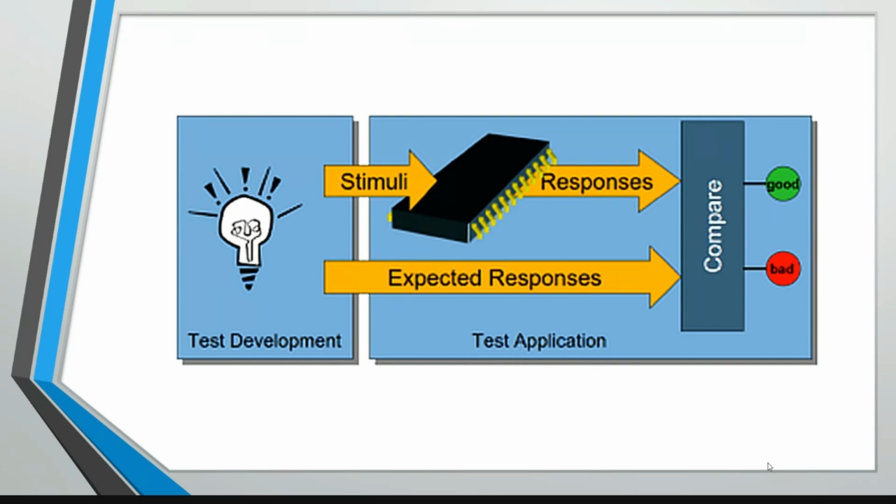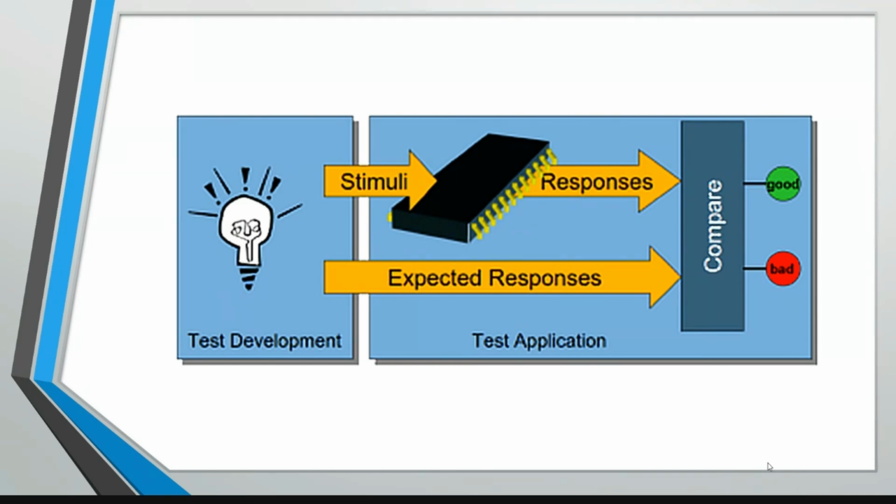Test development is generally done by verification engineers and DFT engineers. Verification engineers can only verify the functionality of the design. That means an AND gate, a half adder, full adder, multiplexers, or all the combinational logic circuits that we design for this ALU, arithmetic logic unit, will be verified by the verification engineer.